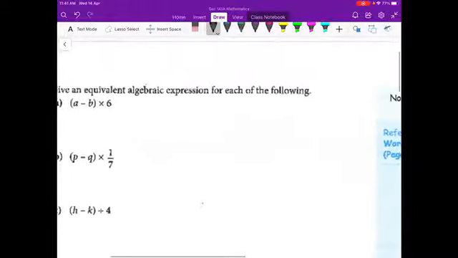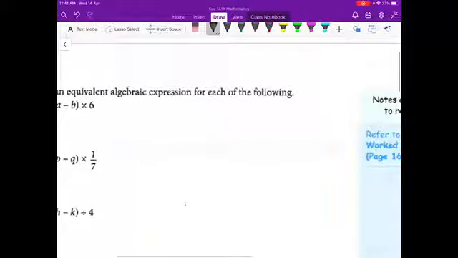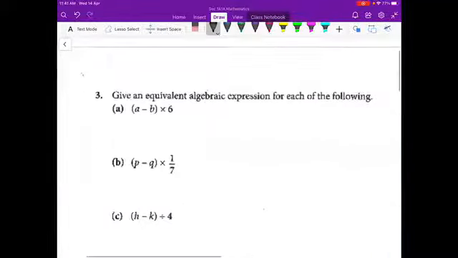Okay, Marilyn, give an equivalent. So we have a minus b, then the whole thing times 6. So what is it equal to? How many of the a minus b are there?